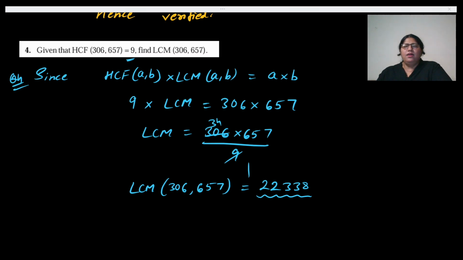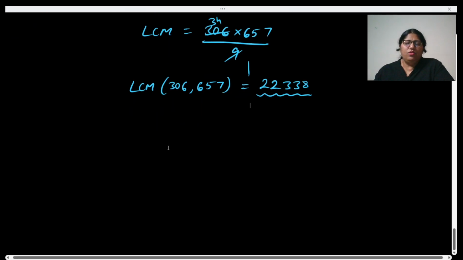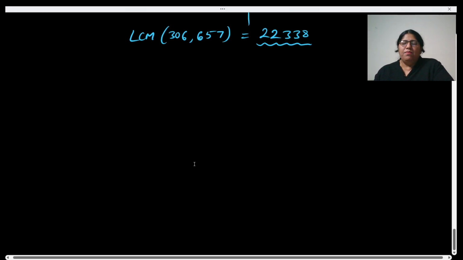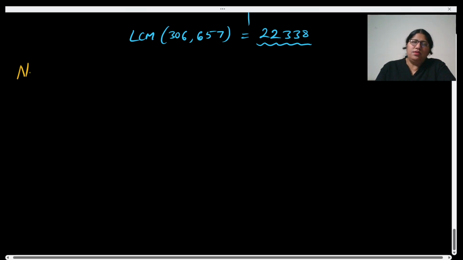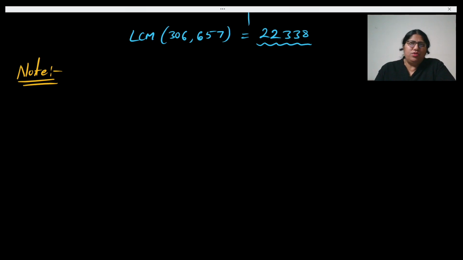Now there will be one more type of question here, which is not related to HCF or LCM, but it is related to prime factorization, the fundamental theorem of arithmetic. What do we do if I need to check? So this is one question, mostly you will see a one mark or multiple choice question, or sometimes it can be a 2 marks question also.